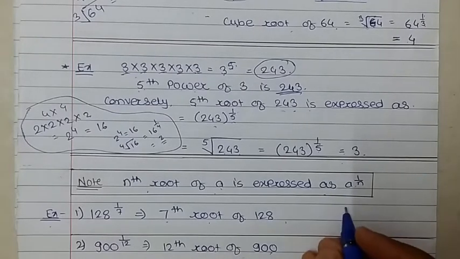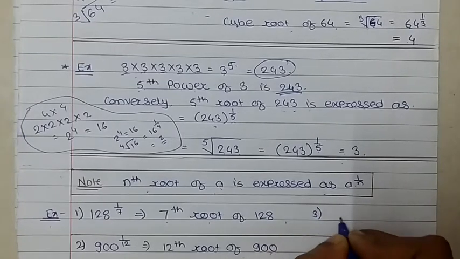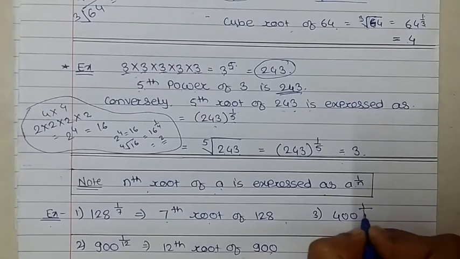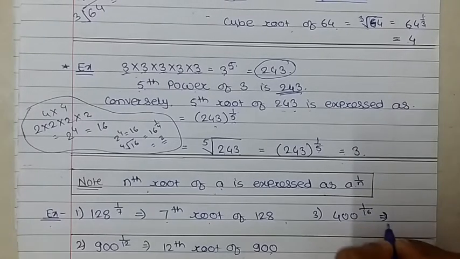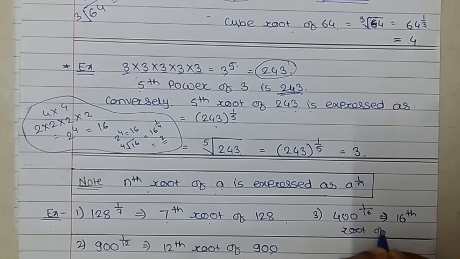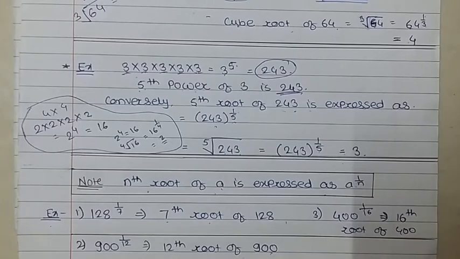Just tell me, suppose I want to write a third example like 400 raised to 1 upon 16. Then how to represent this? That is the 16th root of 400. Correct.